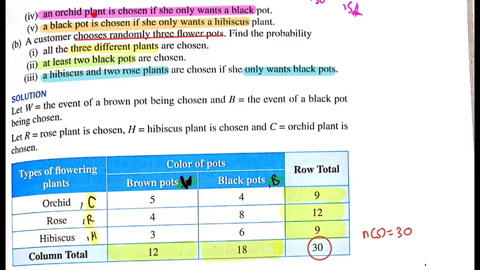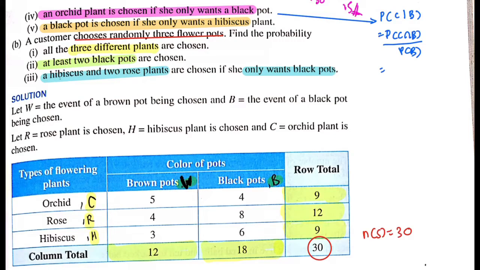Let's continue with number 4 here. An orchid plant is chosen if she only wants a black pot. Let's write the notation. The probability of an orchid plant being chosen if she only wants a black pot. Okay, so it is P(C given B). Let's open up the formula. It is P(C intersect B) over P(B).